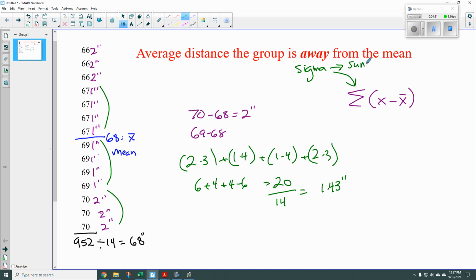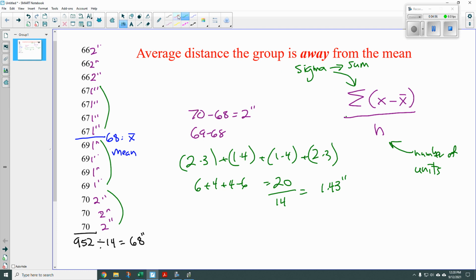I summed them all up, and then I divided by the number of units, n. n is the number of units. So that would be one way of finding the mean.